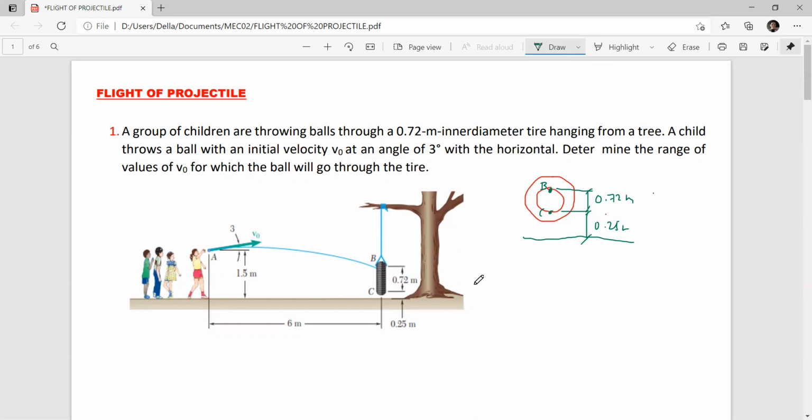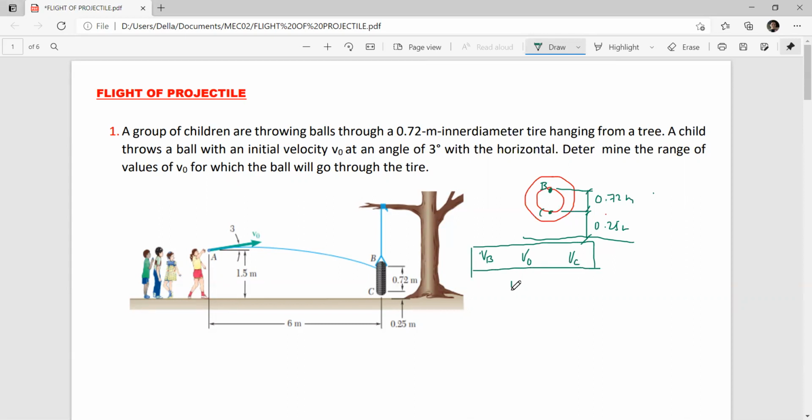Okay. So first, the range of velocity is what will be the velocity of the ball when it hits point B and when it hits point C. So we will establish that range later on.